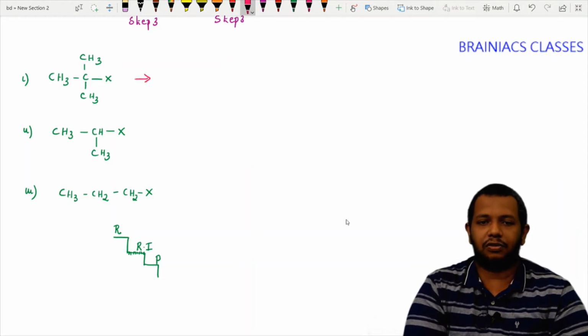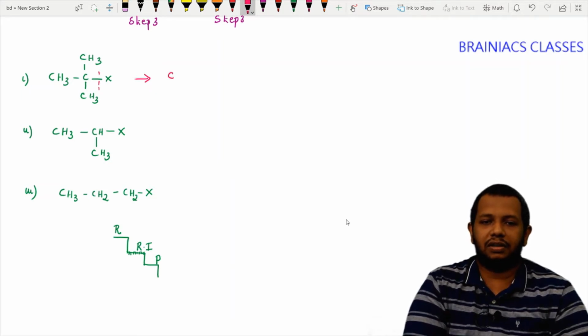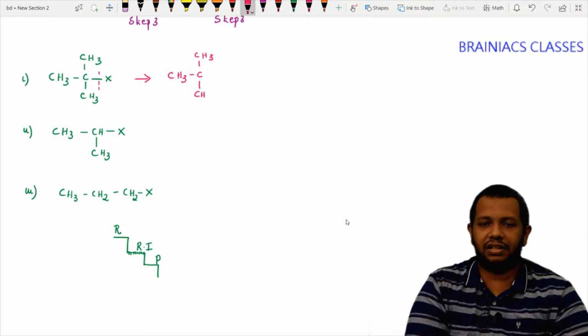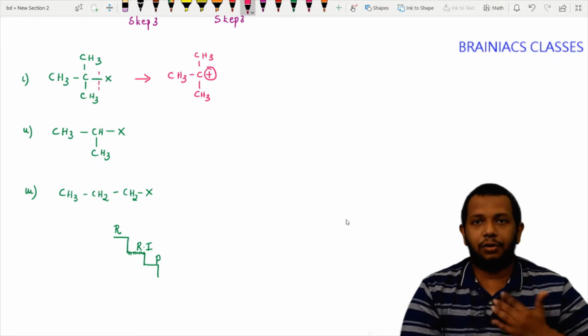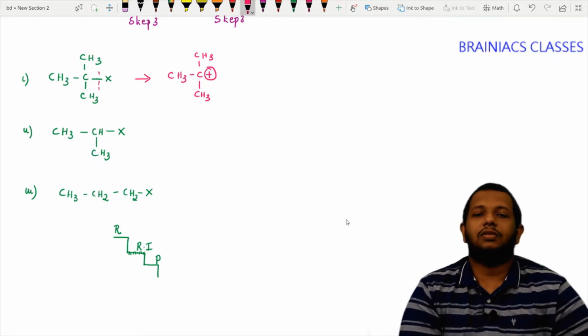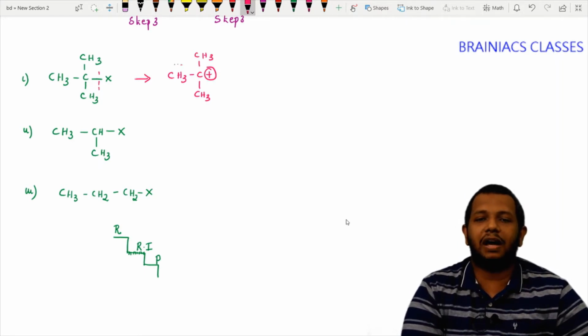In this first one, you can see here I am removing the halogen, step 1. So you get something like CH3, CH3, then CH3, a carbocation. Now I am going to predict the stability of the carbocation through inductive effect, since we are learning inductive effect. So what effect does the CH3 group have?